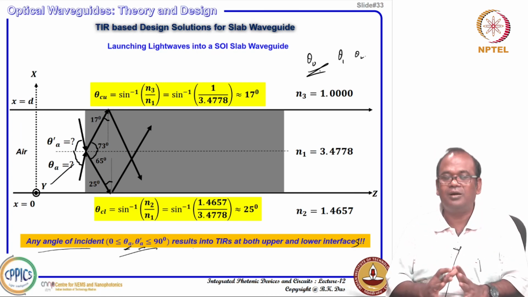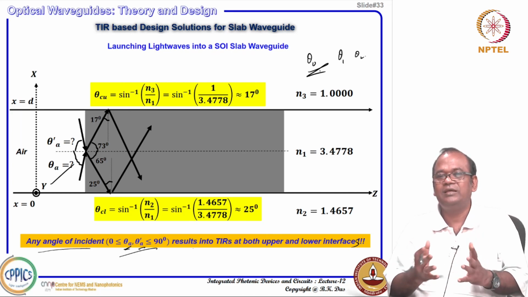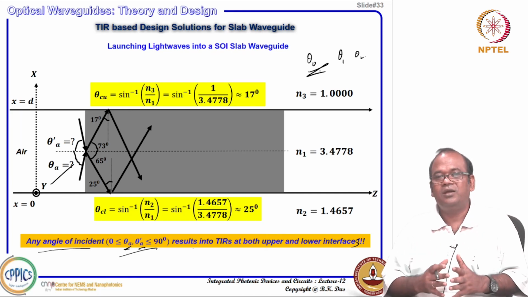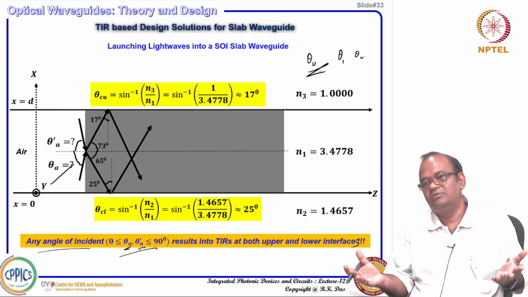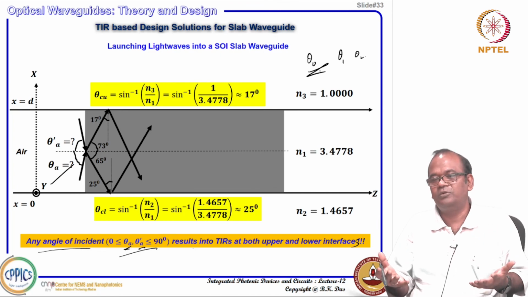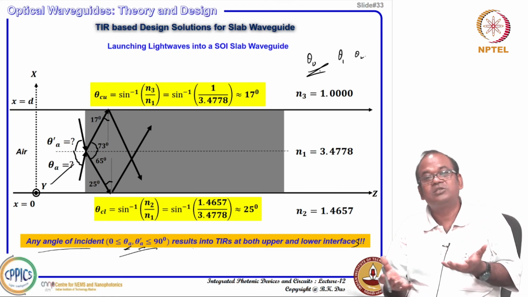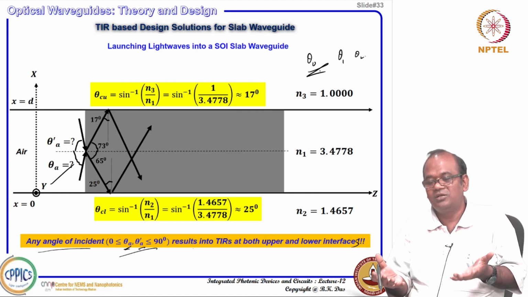Hopefully, you get an idea how a slab waveguide works. I have taken the example of silicon on insulator, but for any slab waveguide, be it indium phosphide, gallium arsenide, lithium niobate on insulator, or silicon nitride slab waveguides, the principle is the same.